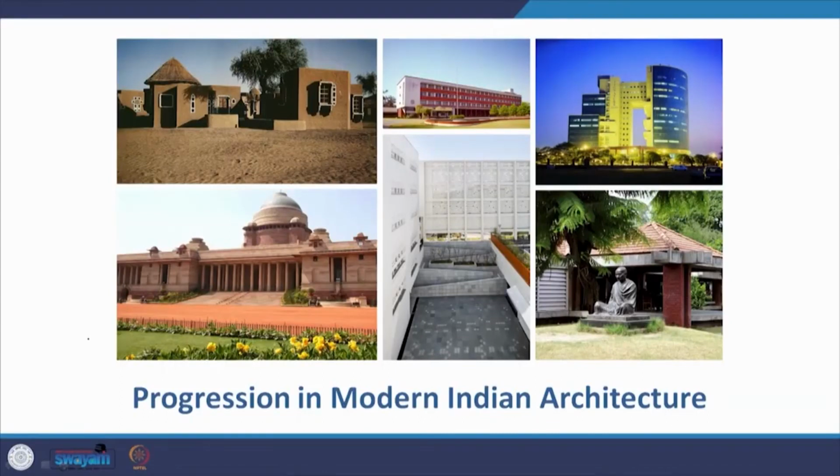So if you look at the progression of modern Indian architecture, we have, for example, the earlier neoclassical approach with a climatic response. Then we have the modernist approach with a climatic response, the Ahmedabad Textile Industry's Research Association building by A.P. Kanvinde. We have the critical regional approach, which we find in the Gandhi Smarak Sangrahalaya.